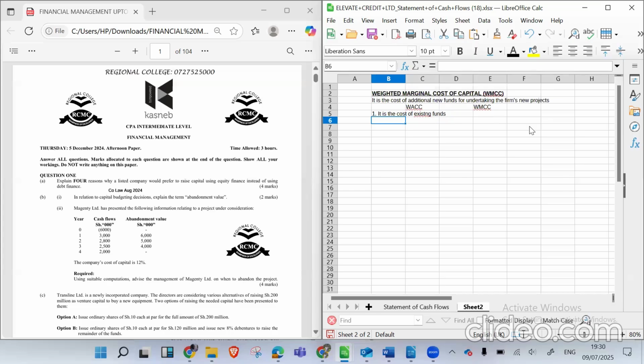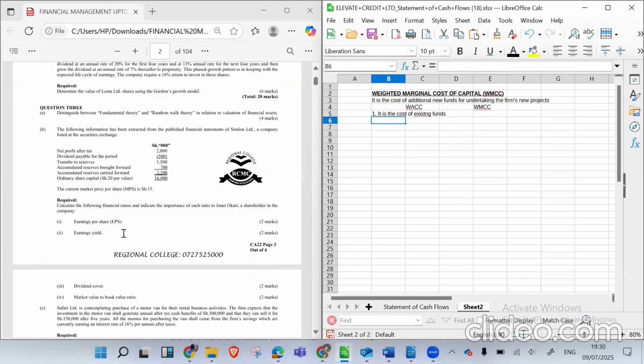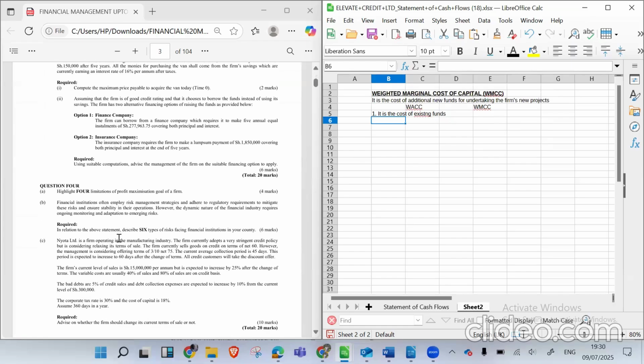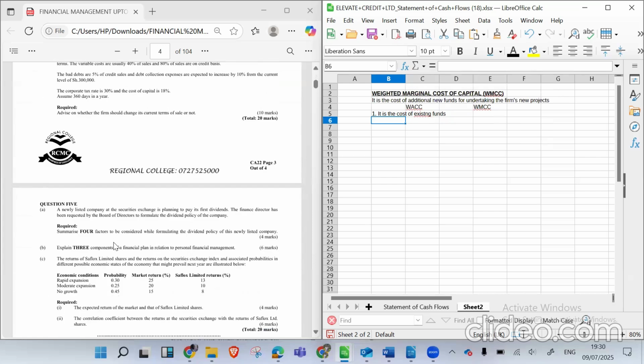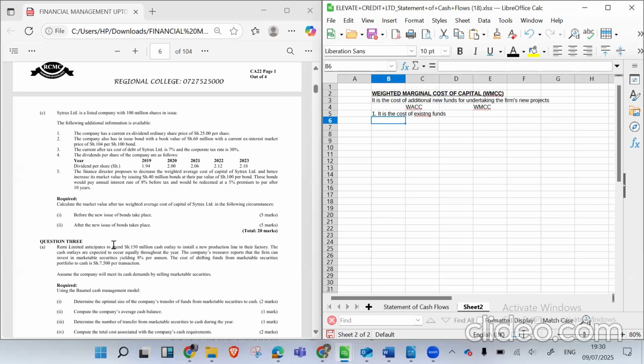So WSCC is the cost of what we have, historical. That's why when you look at the questions that we are doing on WSCC, they're always talking about the firm's current, it's all about historical, what is currently there in the company.